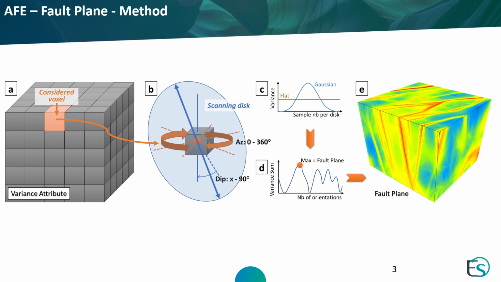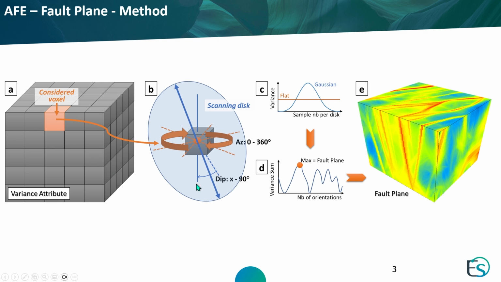We're going to design this ellipsoid scanning disk by giving it a range of azimuth and dip to scan through. We'll also design the disk to be a certain length vertically. So this is all dependent on the type of faults that you're hoping to extract from your volume. I'll talk a little bit more about those considerations in the live demo.